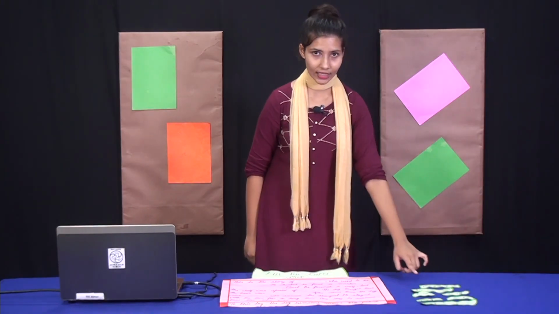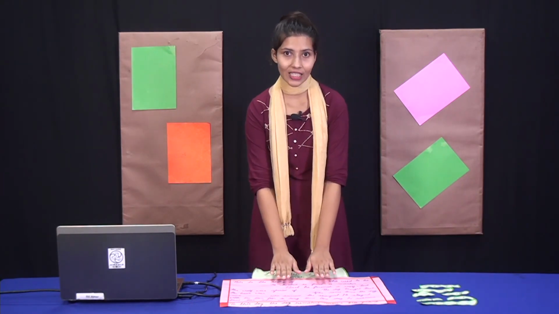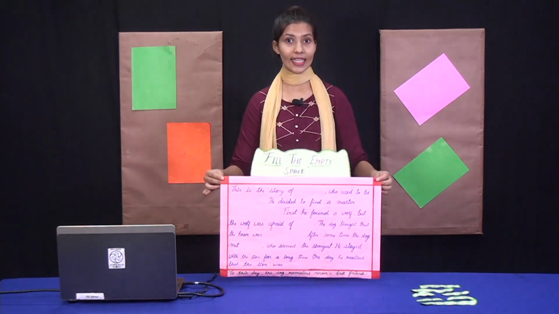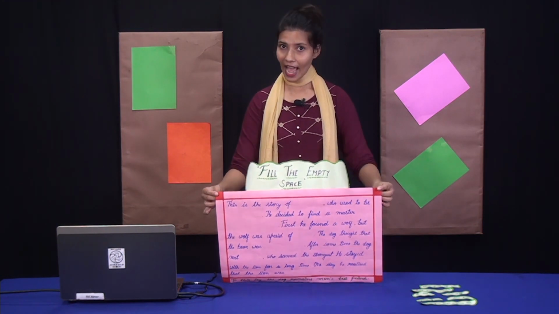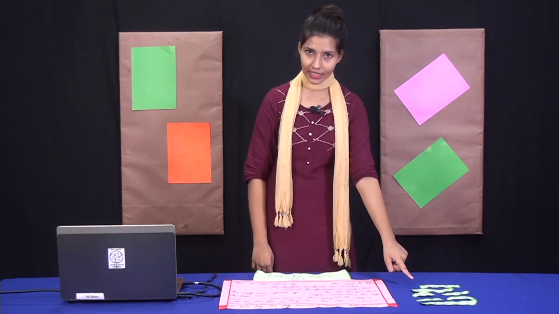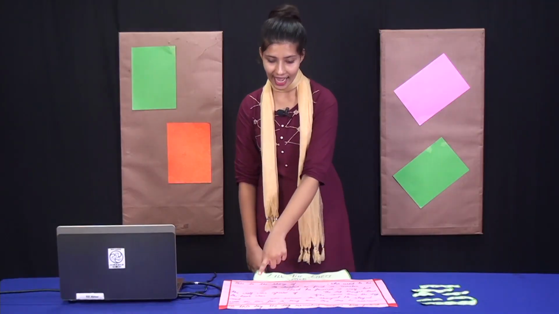These are the answers for these empty spaces. Now you have to read these lines carefully and have to choose correct answers from these paper cutouts to fill these empty spaces. So, let's start.